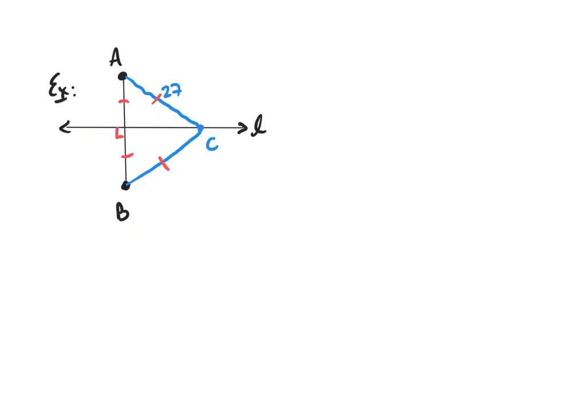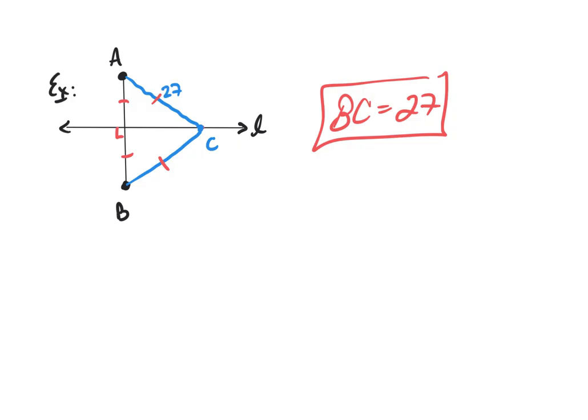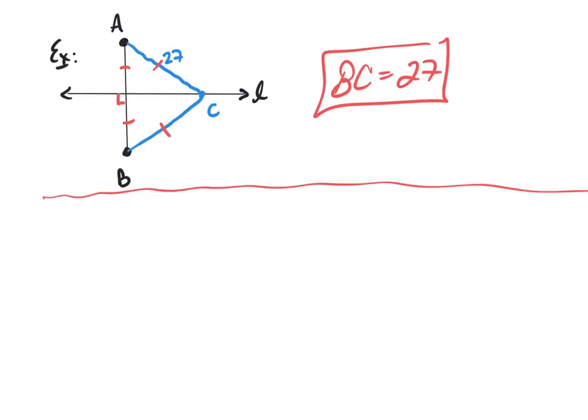So therefore, if AC is 27, then BC would also be 27. So if you know you have a perpendicular bisector, then pick any point on the line. It's equidistant from the endpoints. Okay? So there's one example. Again, real easy, I know that. But still, trying to get you that idea, okay?